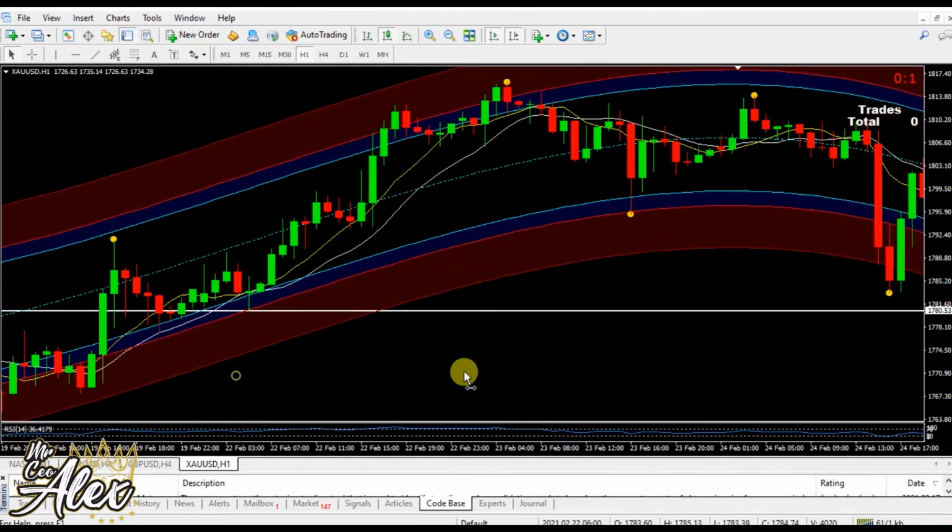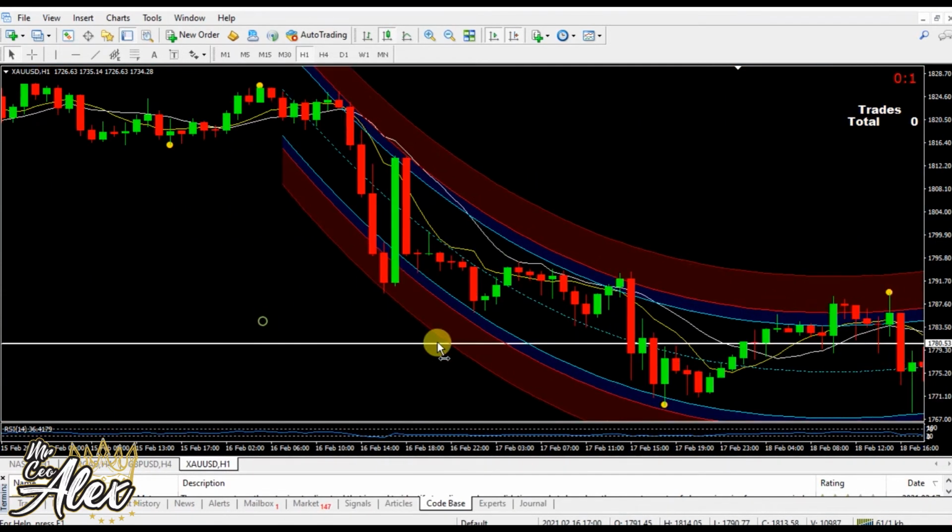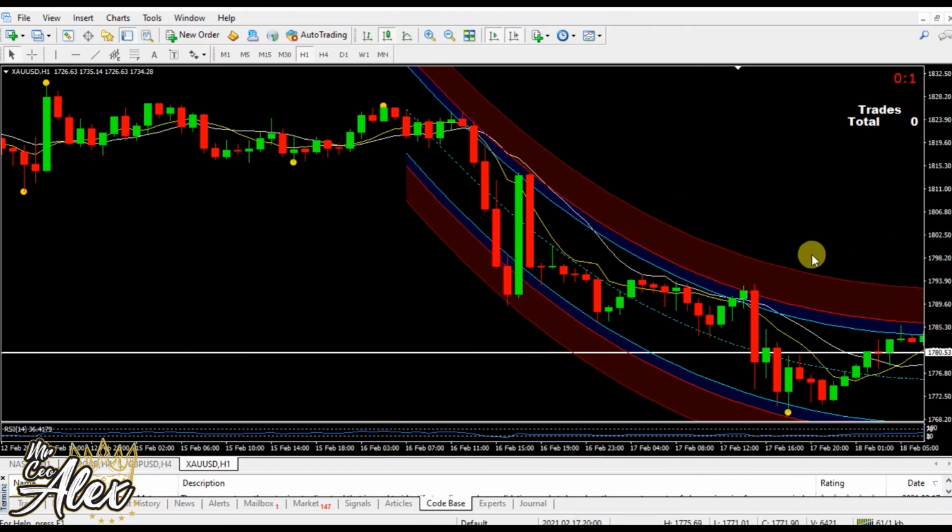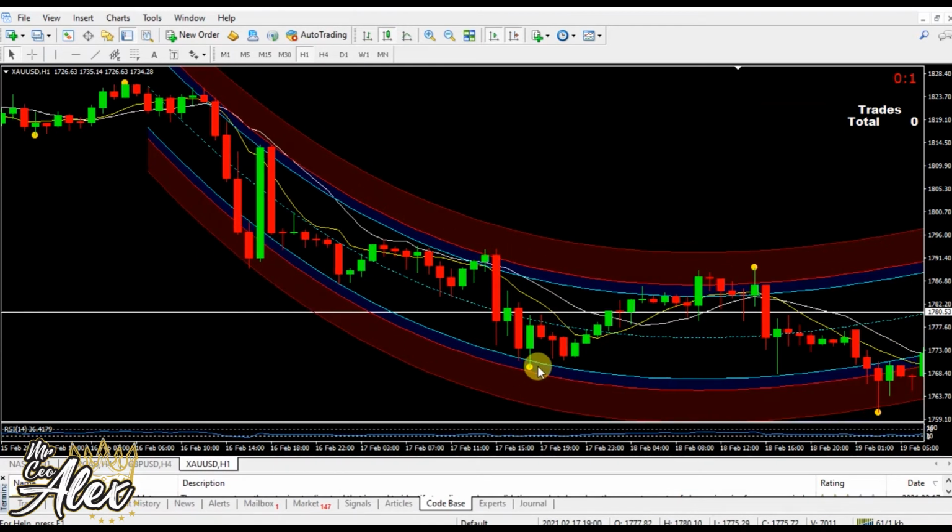But anyways, the Holy Channel and the Holy Signal work like this. When the signal comes at the top, right here, you enter a sell position. When it comes at the bottom part, you enter a buy position. The Holy Channel is kind of like the Bollinger Bands along with an RSI.